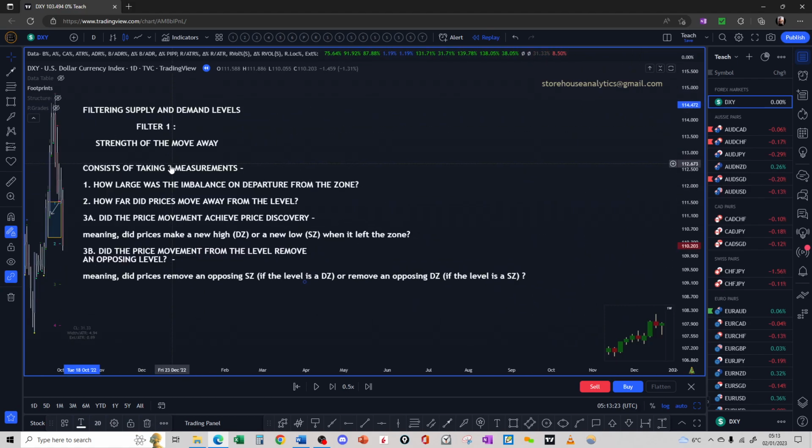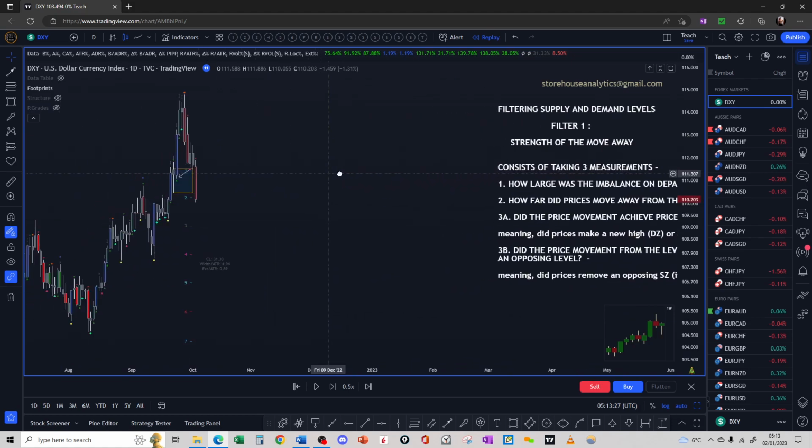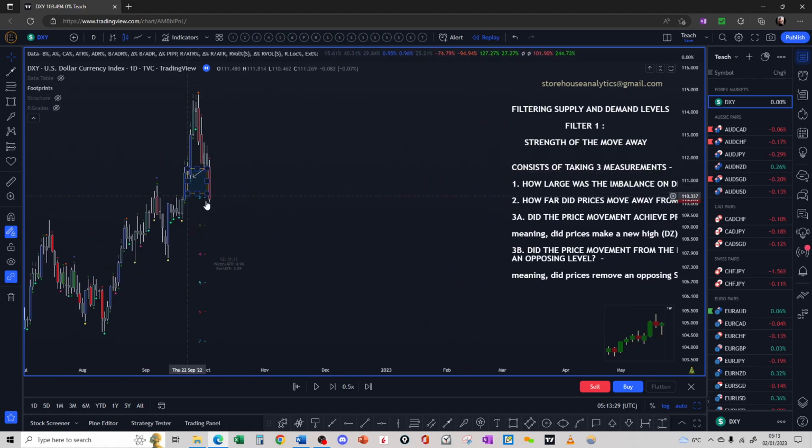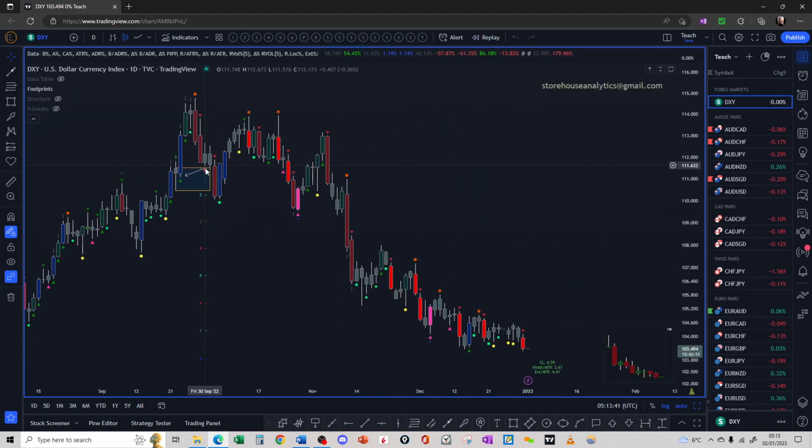In this case, as we just said, it's a level of supply. So did it remove an opposing demand zone? Yes, it did. So you would score it for that fact. Okay?